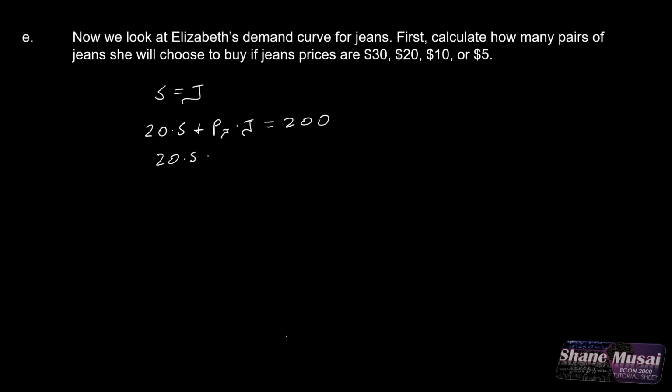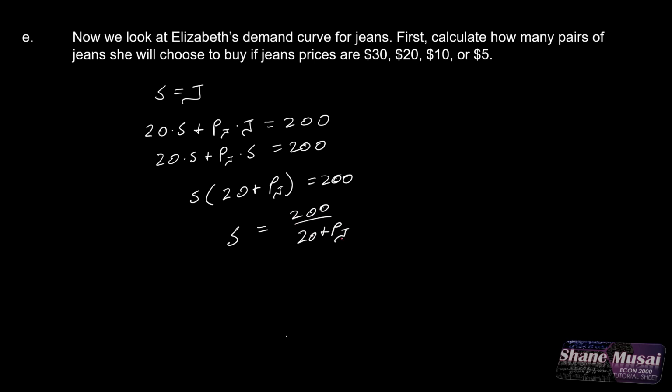So 20S plus Pj times S, since S is equal to J, must equal 200. You can pull the S on the outside. So S times (20 plus Pj) is equal to 200. Therefore, S is equal to 200 divided by (20 plus the price of jeans).